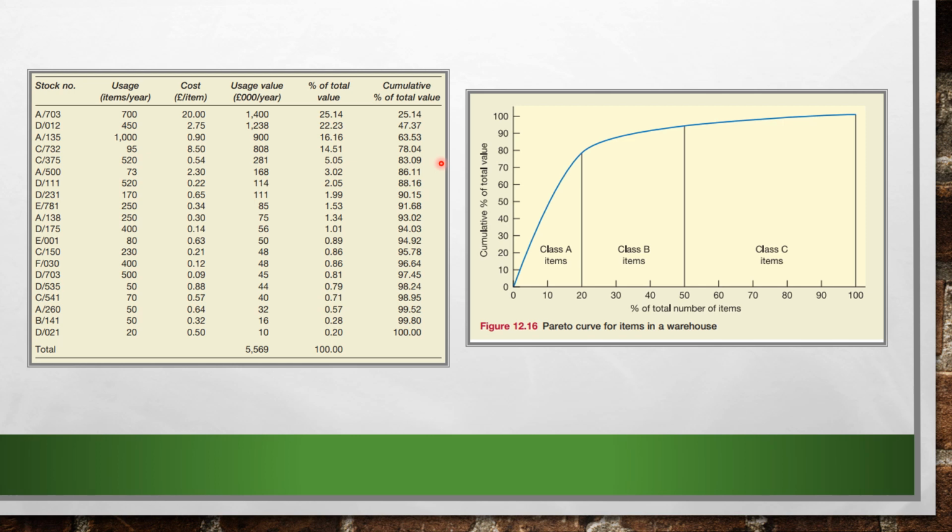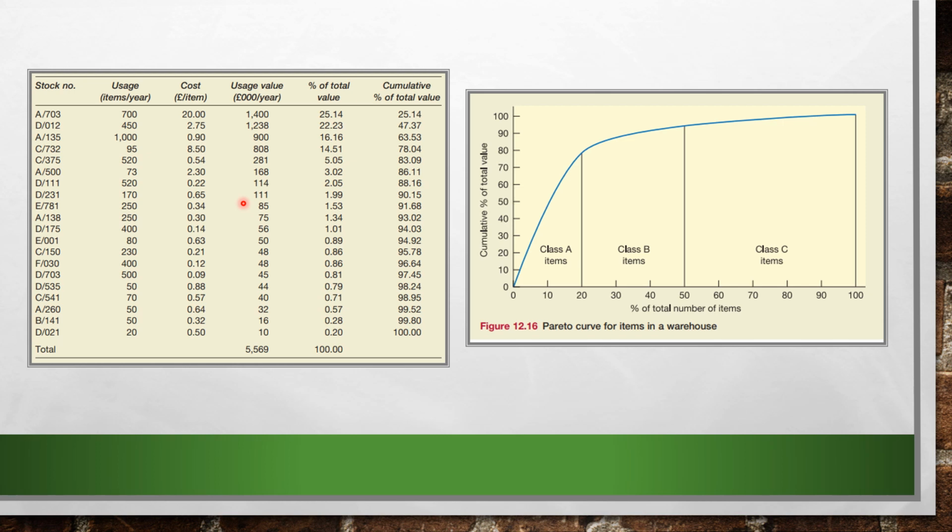The company classified the next six parts, part numbers C375 through A138, which is 30% of the range, to be treated as Class B items. So, Class B items have slightly less effort devoted to their control. And the rest of the items are Class C.